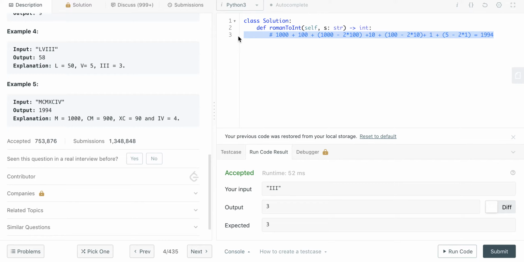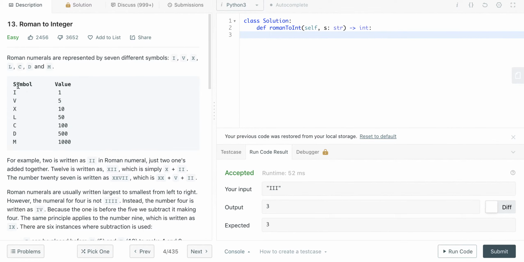Let's use this method to solve this problem in general. Here we got symbol and value. It is a pair. So we often use a dictionary to store the pairs. So like create a dictionary named Rome.